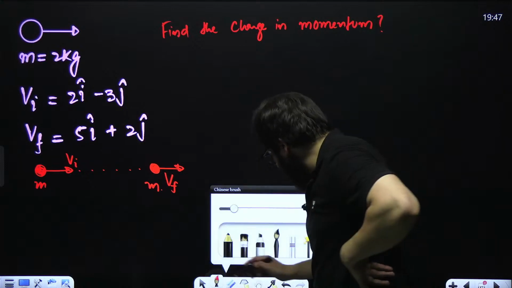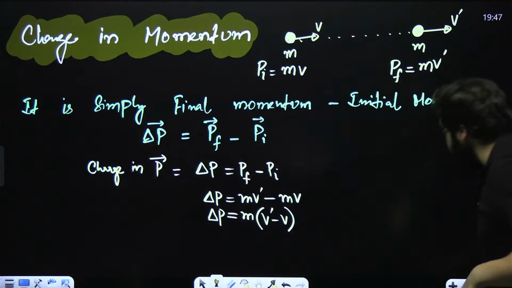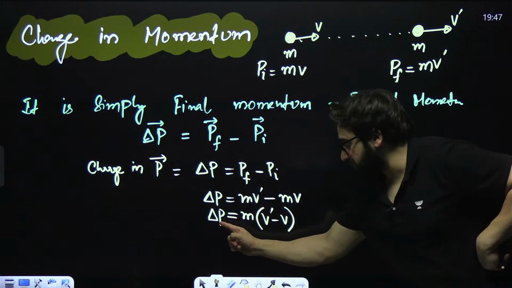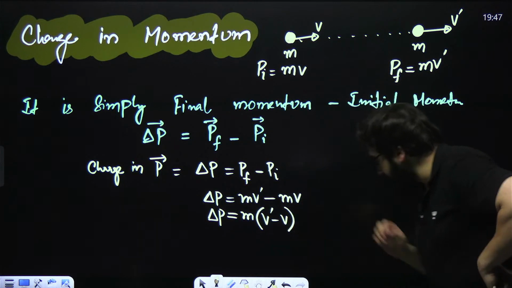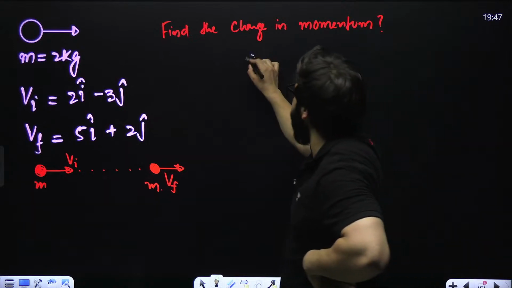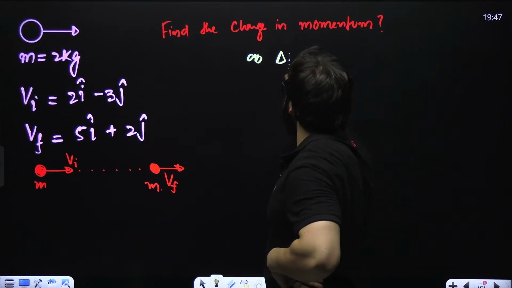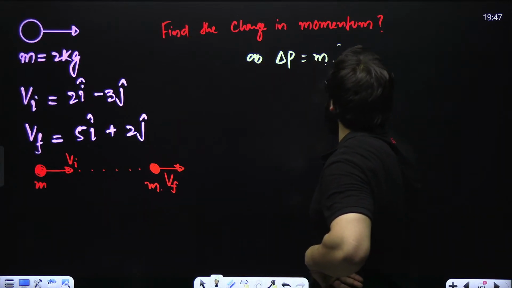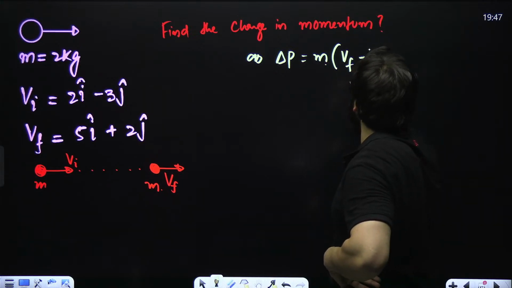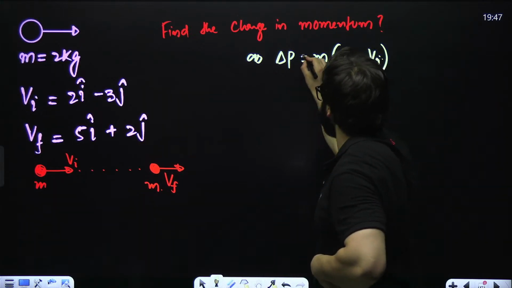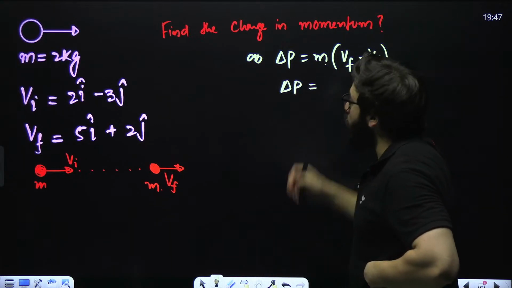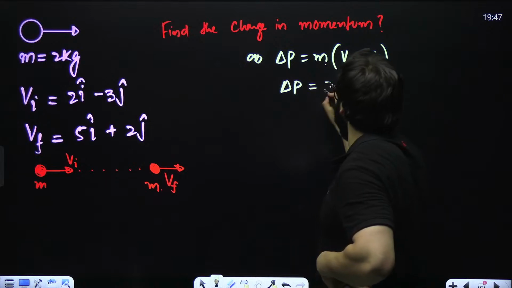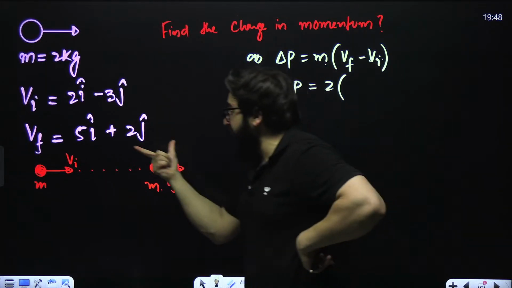Guys, how do we write change in momentum? See, in the previous question, sir, change in momentum is mass into final velocity minus initial velocity. We say delta P is simply mass into V final minus V initial. Can I write over here delta P is, what is the mass over here? That is 2 kgs. What is final momentum?